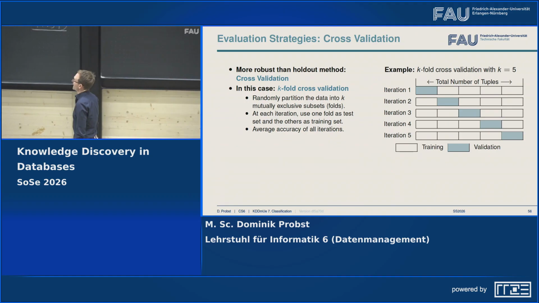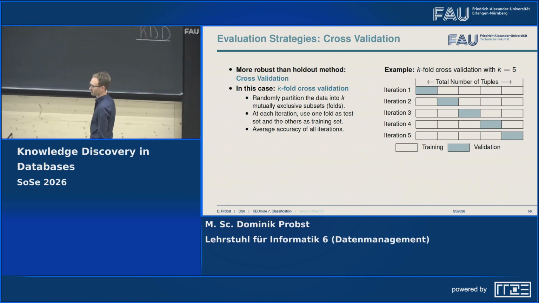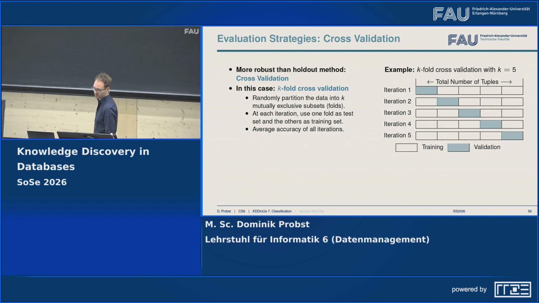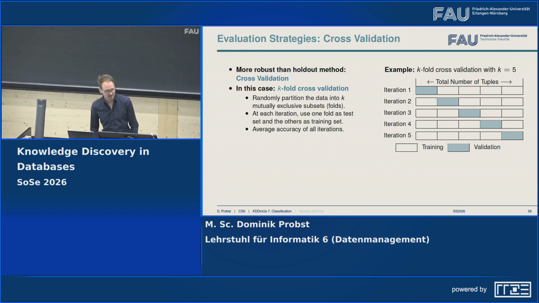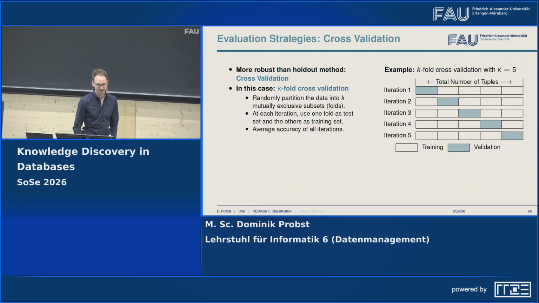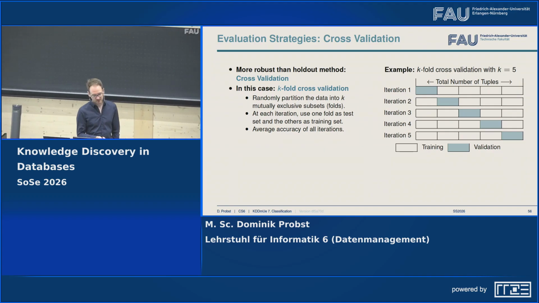And then you would run, in 5-fold cross-validation, this process of training and validating 5 times. In the first iteration, you would use the first partition for validation, for testing, and the other 4 partitions for training. You would end up with an accuracy.